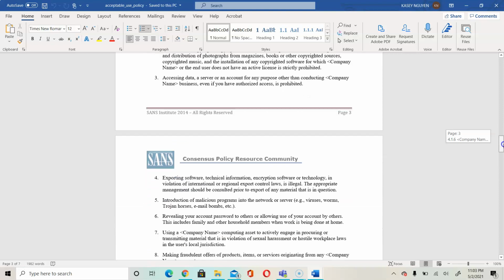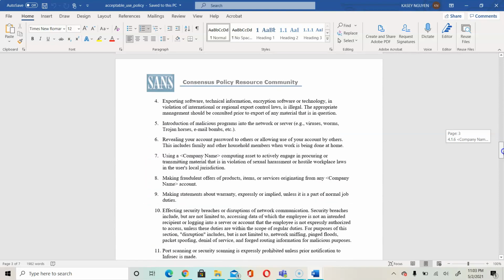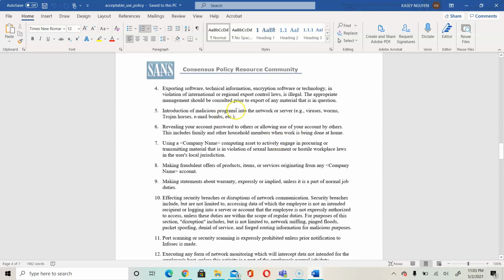Here, as you can see, we list all the things that would not be allowed, like bringing malware into the network, exporting software, technical information, encryption information, fraudulent information, and anything outside of the normal job duty.